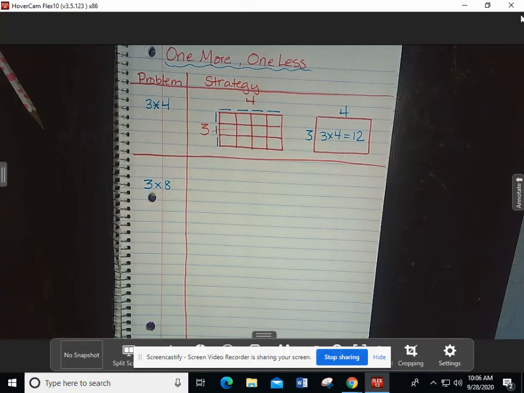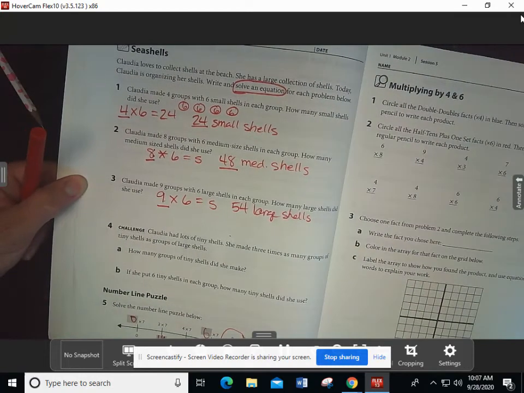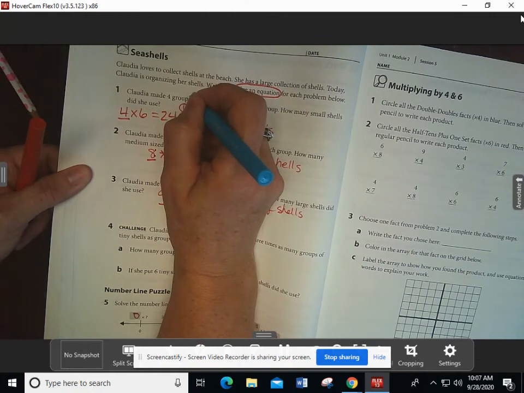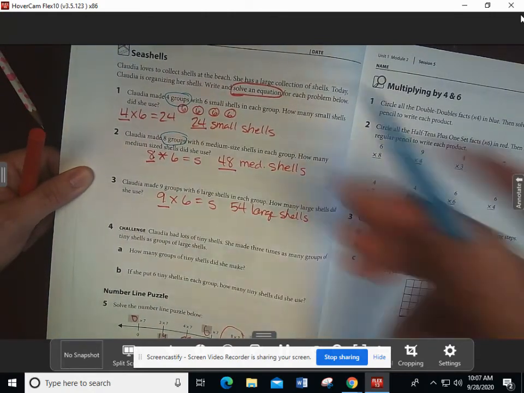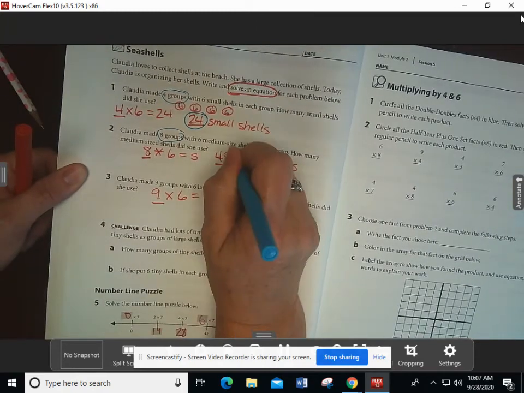Oh my goodness, short memory here. I'm going to look it up so I say my numbers correctly. Okay, when we were working in here, we went from 4 groups to 8 groups. We had a double happen. And then we noticed something happened with our products. We're going to talk about that here.